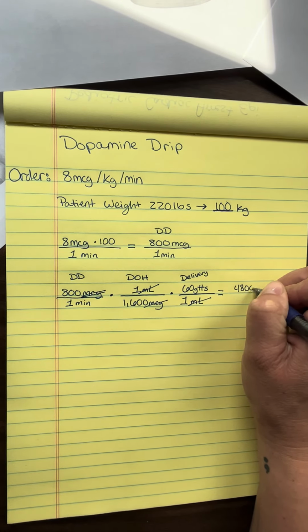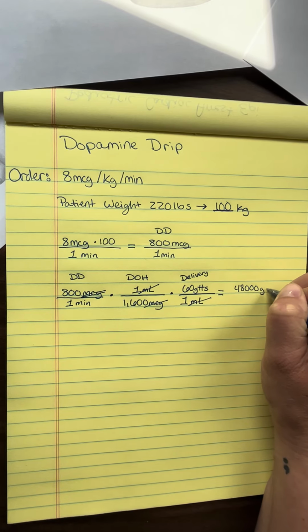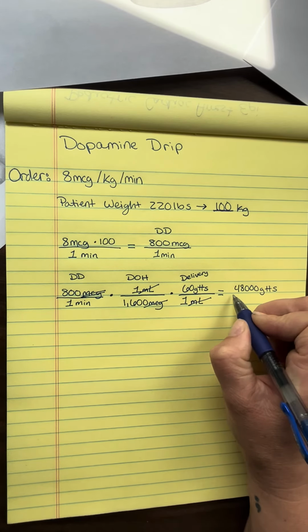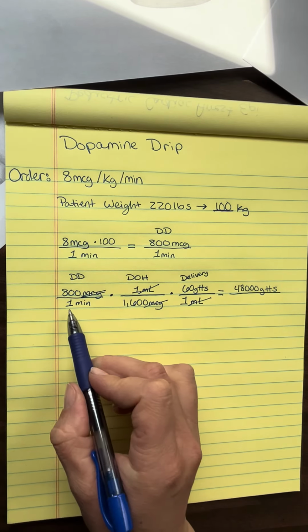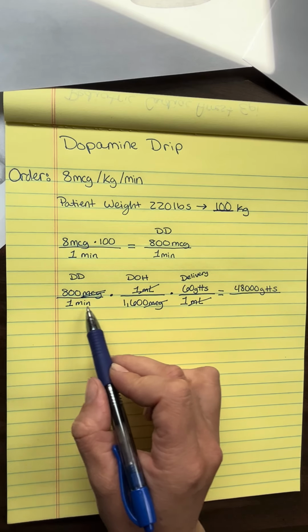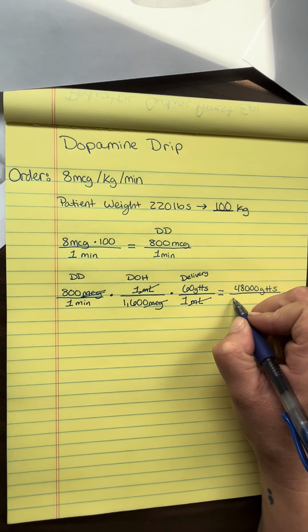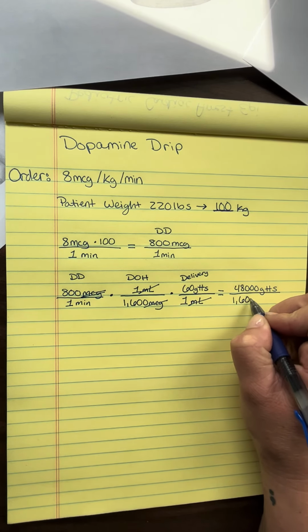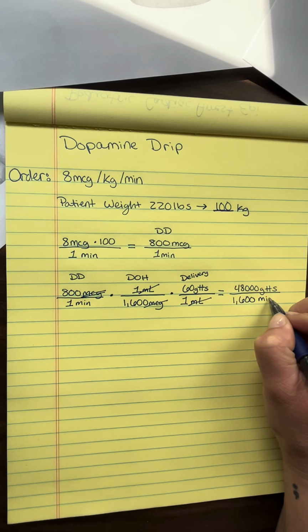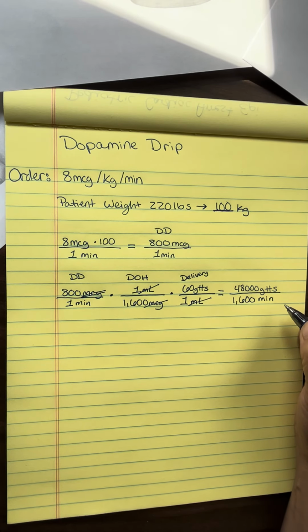48,000 drips in, I still have my minutes, so 1 times 1600 times 1 is going to be 1600 minutes.